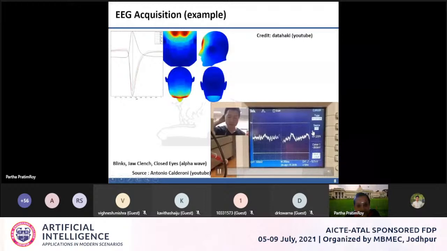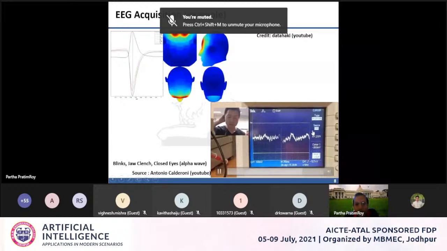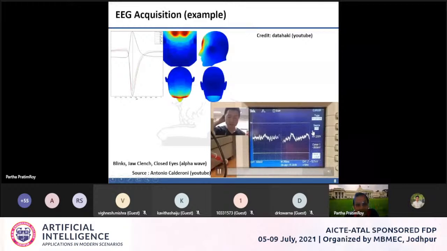In the market there are different kinds of these caps. In some caps, only one or two electrodes will be there, which are very cheap. You can find them for 10,000 or 12,000 Indian rupees.